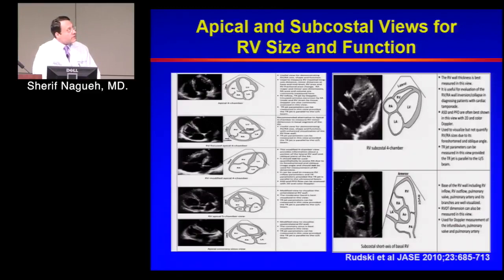The focused RV apical four-chamber view, focused on the RV, is the one that is more rewarding. Notice that compared to the standard apical four-chamber view, you do not get to see the LV apex as well. But for the RV, that's what we want. What are the measurements we can do in the focused view?